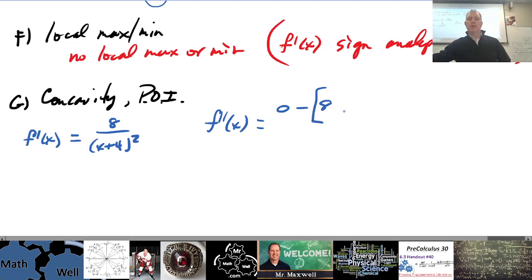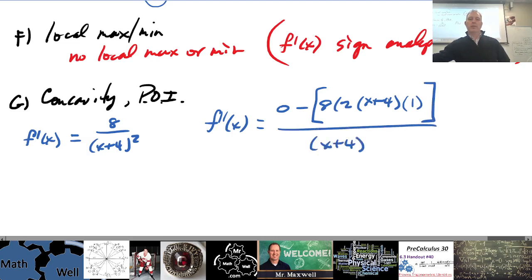So be careful here, derivative of the bottom, 2 times (x plus 4), and then this is to the power of 2 minus 1, or just to the power of 1. Always check the chain rule. The derivative of the inside is just 1. Over the bottom squared.